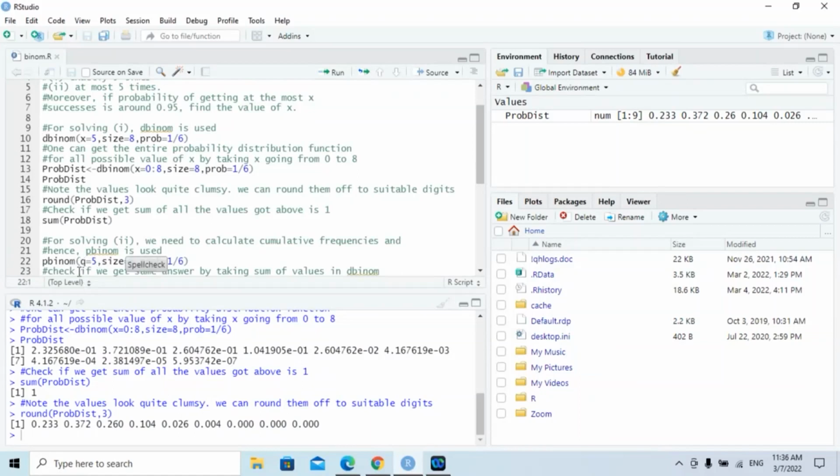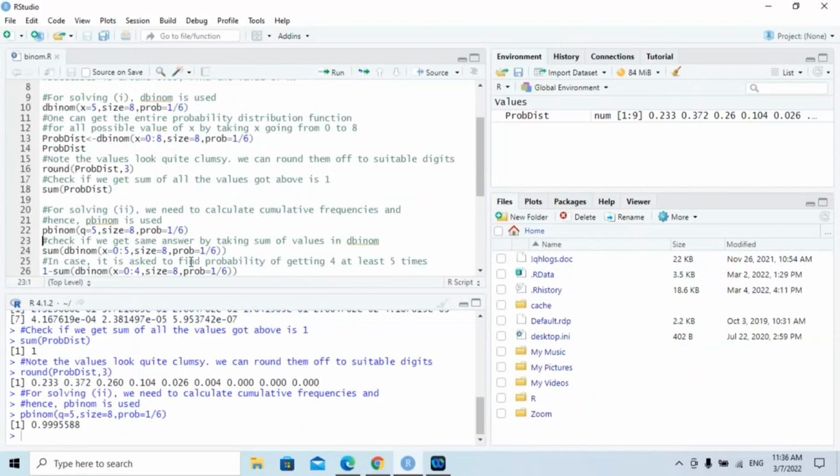Q probably stands for accumulation or something like that in terms of R, because x we have already used in dbinom. Here we use q to show that we will be taking the cumulative frequencies ranging from 0 till 5. Size is again 8 and probability is 1 by 6. So let us check.